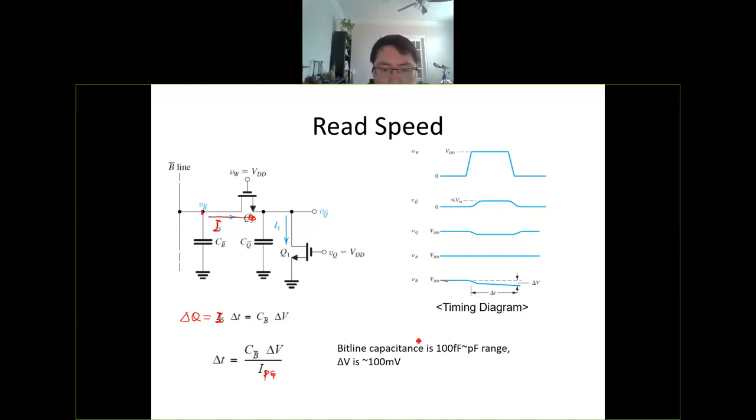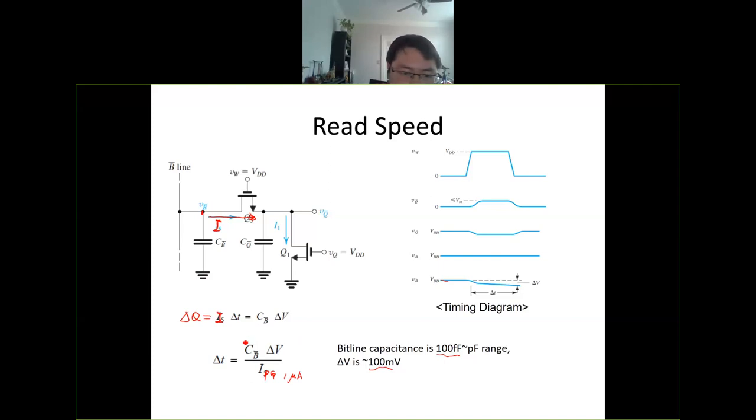And typically the bitline cap is like, let's say 100 femtofarad, and then the delta V, the small voltage you can sense, 100 millivolts. And then if your current is 1 microamp, you can calculate the delay. So let's do it.